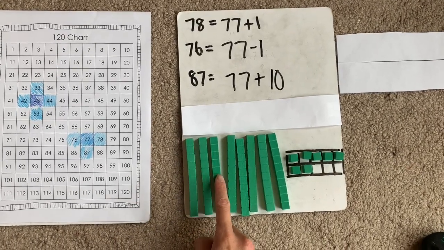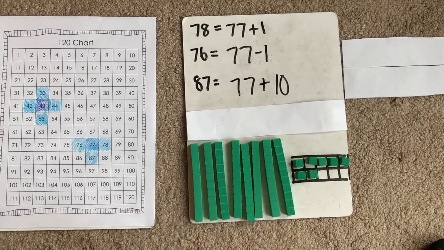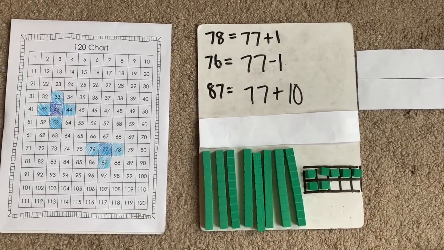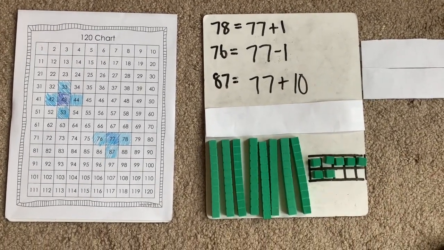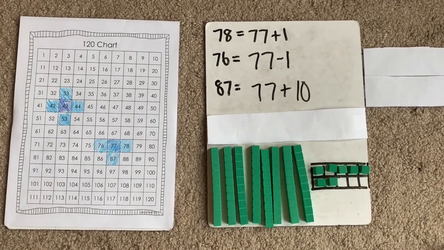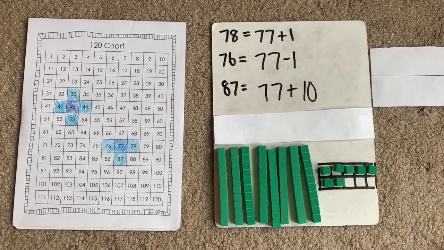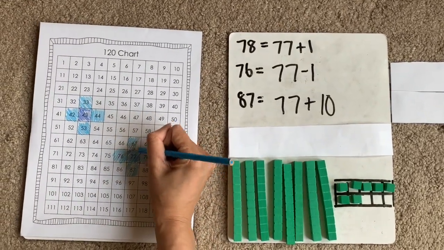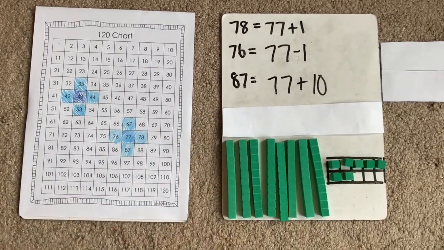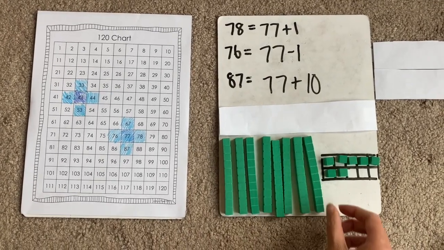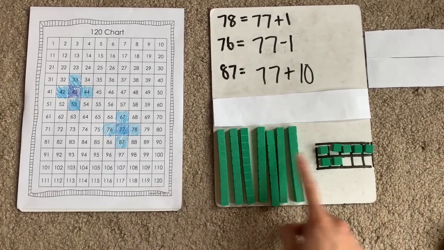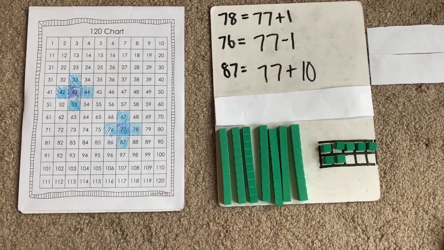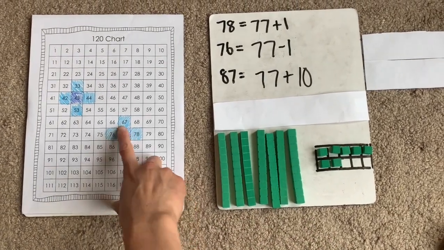And we can even check. So we have 1, 2, 3, 4, 5, 6, 7, 8 tens now, and 1, 2, 3, 4, 5, 6, 7 more. 8 tens and 7 more is the same as 87. Let's find our last neighbor number, 67. So what do we need to do to 77? Remember, we have to always start with our first number, 77, to make 67.